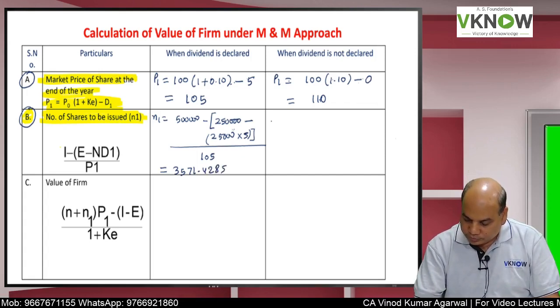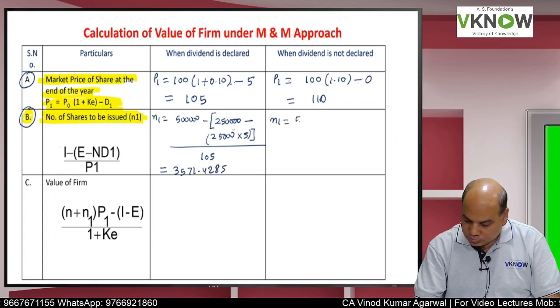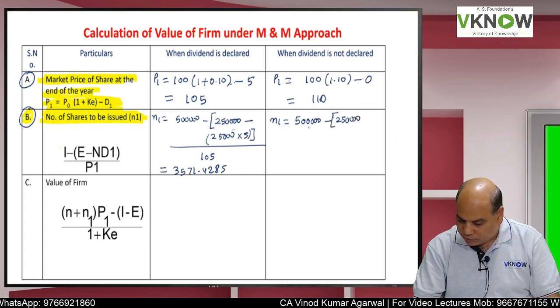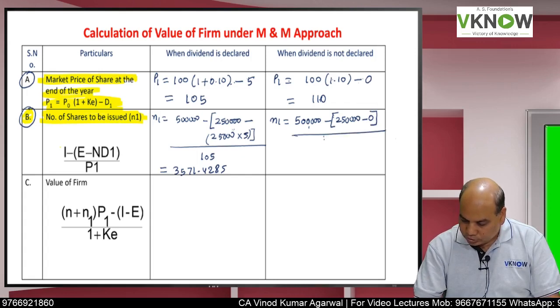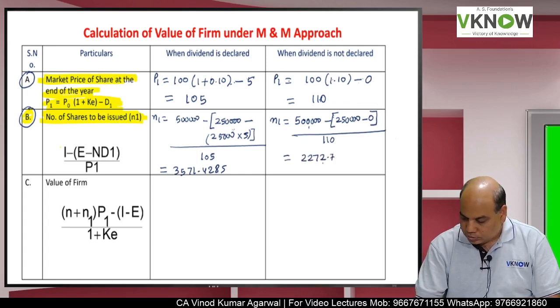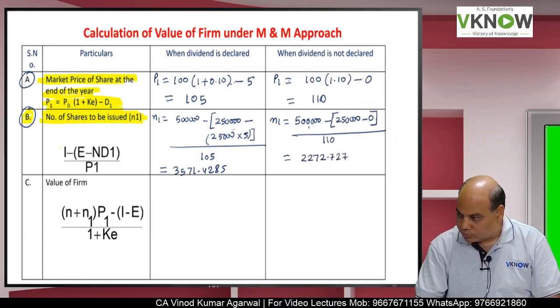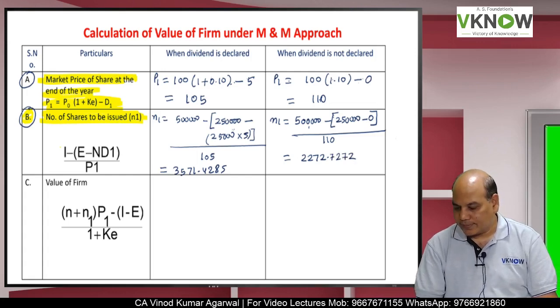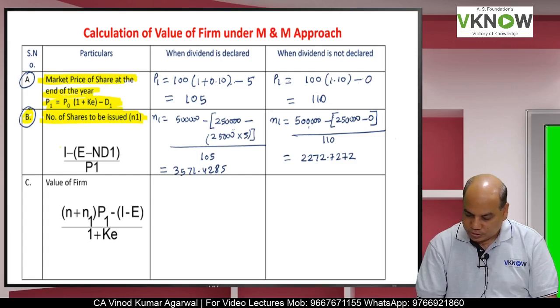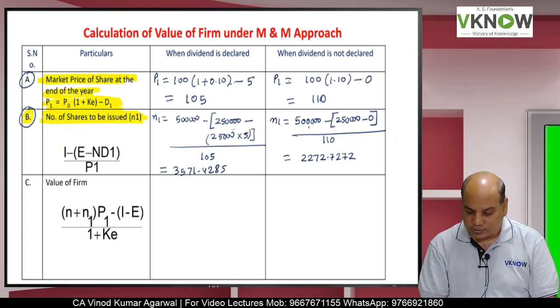Next column. N1 is equal to 5 lakh minus 2 lakh 50,000, but dividend is not paid, so 0. Divide by price 110. Calculate. 2272.7272 shares, which I will require now in the third answer.